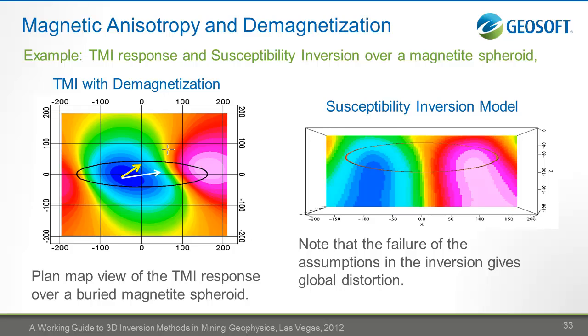I also want to draw your attention to the fact that even though the ellipsoid is in the upper part of the model, the distortion that occurs in the susceptibility inversion propagates through a much larger region of the model, certainly a lot deeper and out to the sides of the ellipsoid. So this shows that the distortions are actually global in nature, and it makes it much harder to interpret susceptibility inversion when these effects are going on.